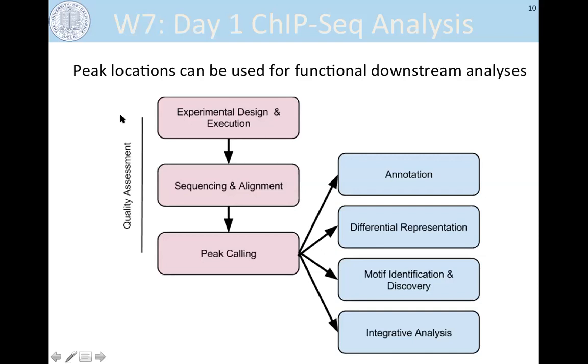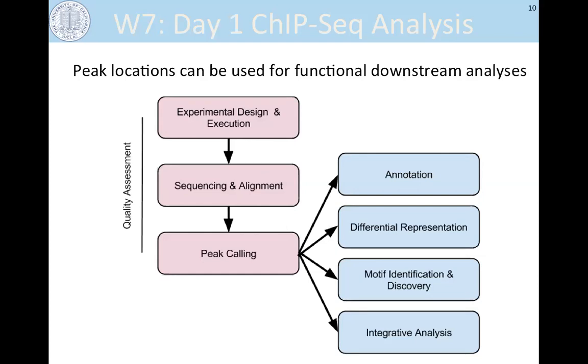All right, so as I mentioned before, peak locations can be used for functional downstream analyses. Once we execute our experiment, do our sequencing and alignment, and call our peaks, the peak locations can be used for downstream analyses such as annotation. So you can see what features of the genome are enriched where your peaks are located.